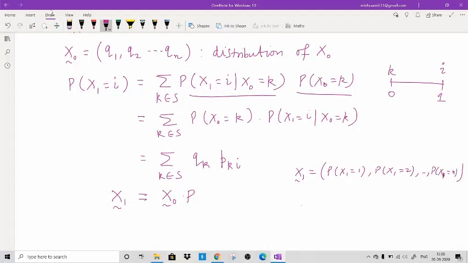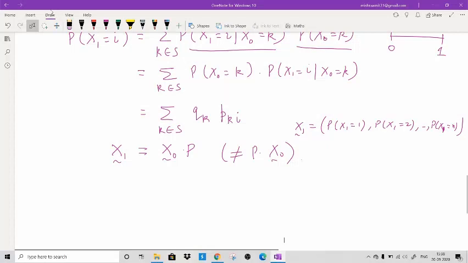So this is your x1 vector. In matrix notation you can write it this way, but remember that this is not the same as P times x naught, because you know that in matrices this multiplication may not be valid. So these are some basic ideas. Now we will see some examples.